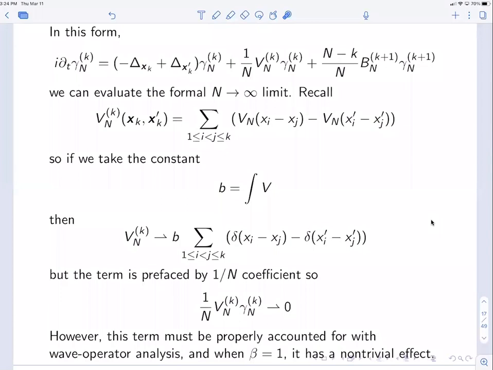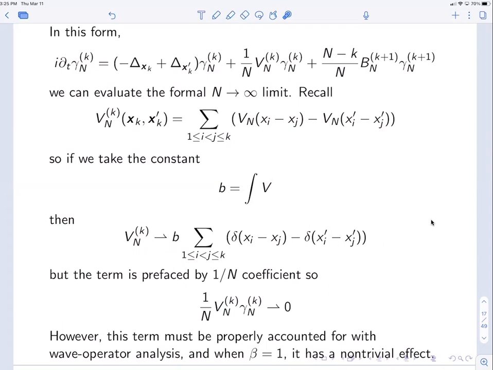But in this form, we can assess what we expect as the limit. So I've repeated the equation. Let us evaluate the formal n to infinity limit. So recall, first of all, let's look at the potential term. That was a sum over Vn xi minus xj and xi prime minus xj prime. And the Vn's individually are of the form n to the 3 beta v of n to the beta x. So they have a weak limit, which is a delta function.